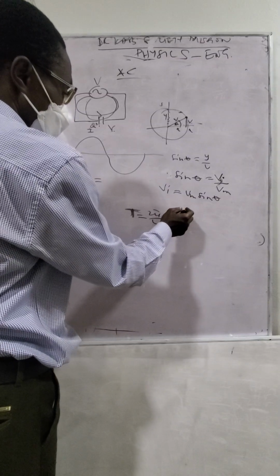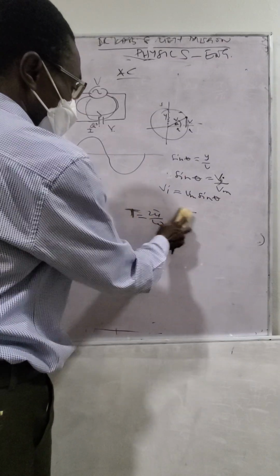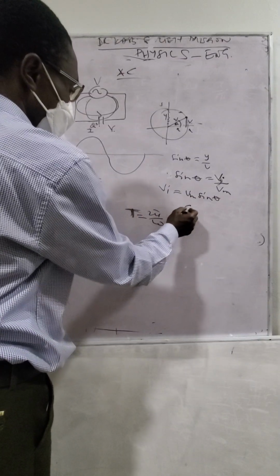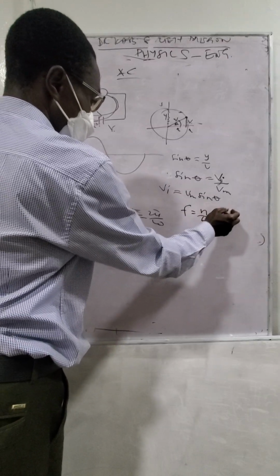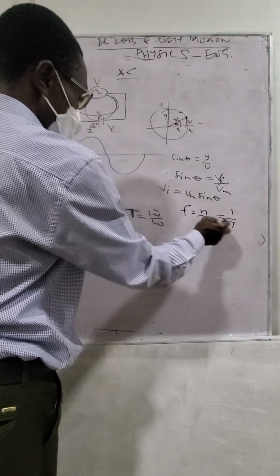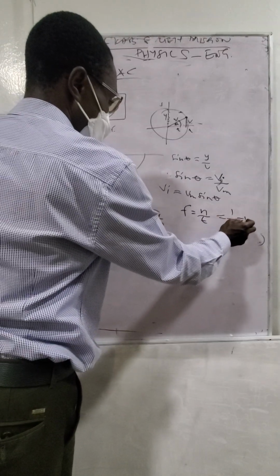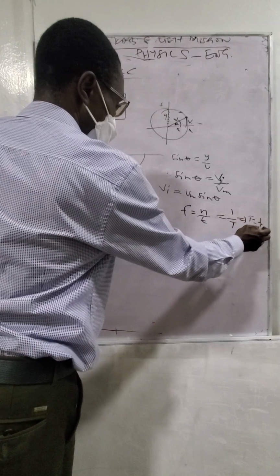Now, period is also linked to frequency. Frequency is equal to number of times over t. So for one revolution, there is 1 over t. So this implies that t is equal to 1 over f.